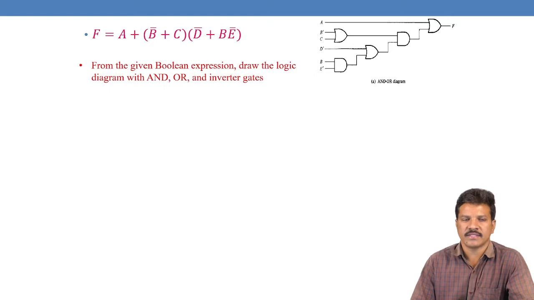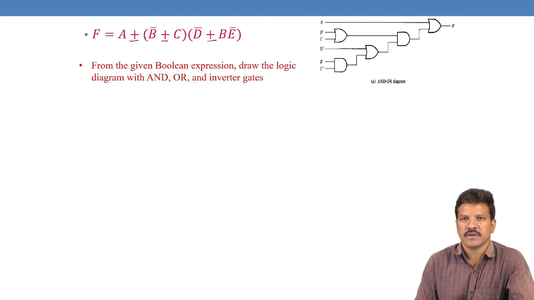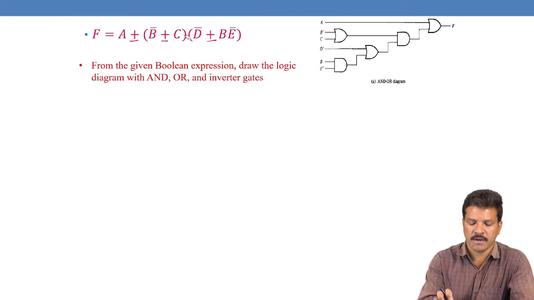Wherever there is a sum, as in sum of products, we represent it as an OR gate. So the first part is a plus b bar plus c, times d bar plus be. Wherever plus is there, it is an OR gate, and wherever the multiplication dot is there, we use the AND gate.